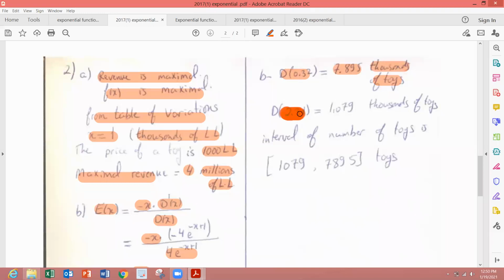D of 2.31, this is beta, is 1.079 thousandths of toys. So the interval of the number of toys is between 1,079 and 7,895 toys.